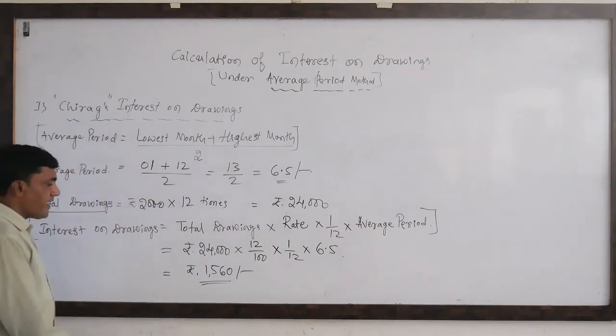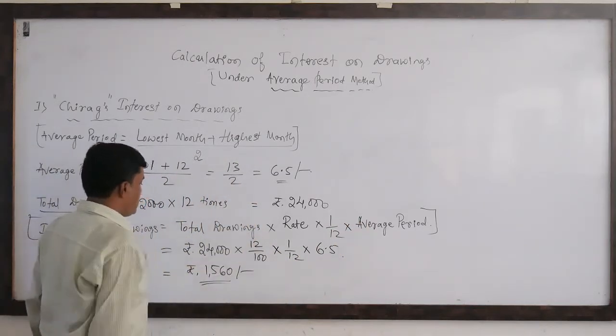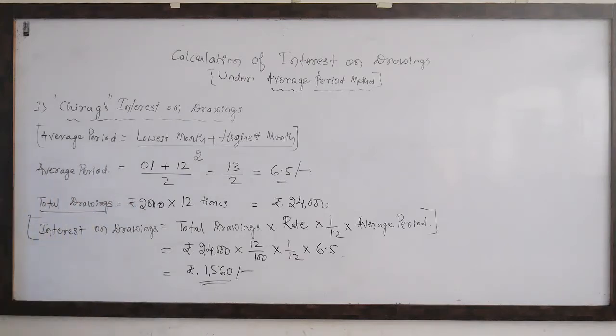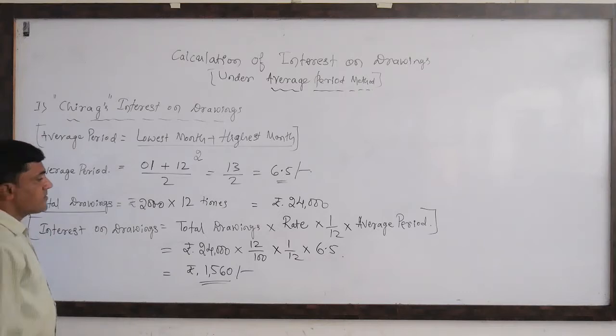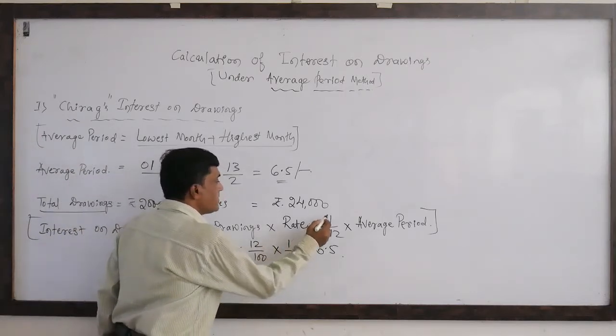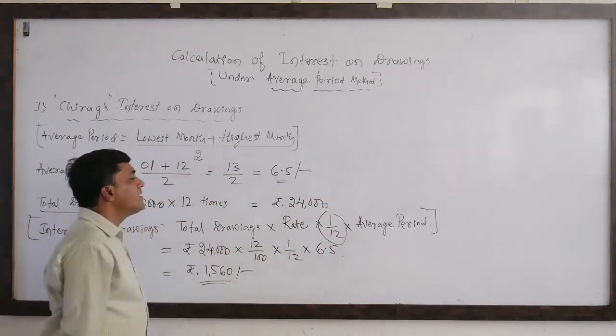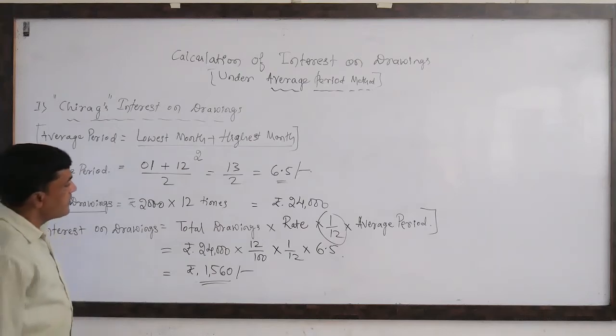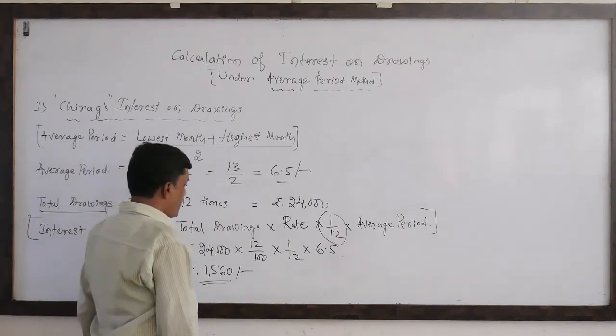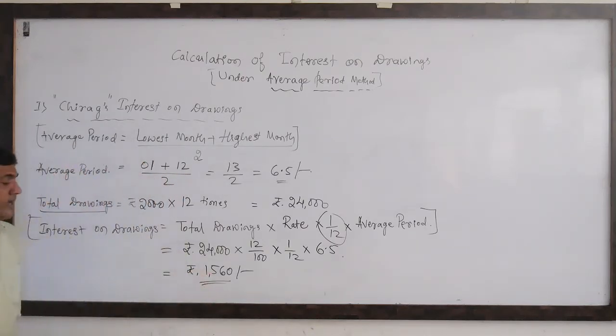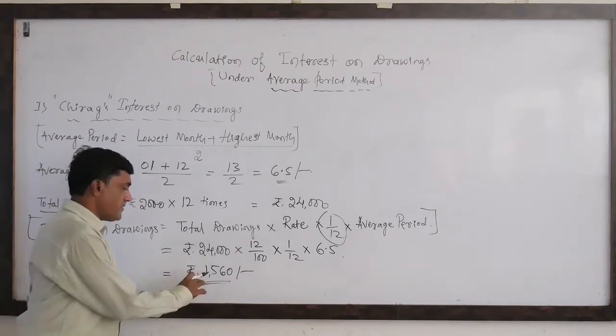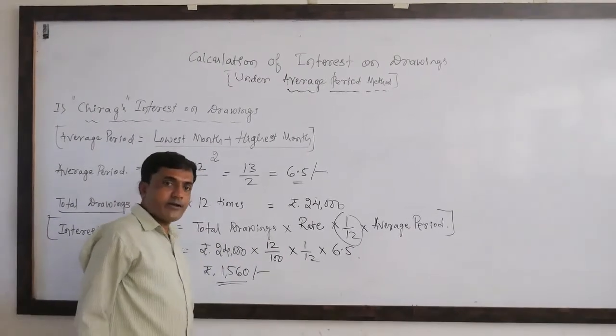Then only you can get rupees 1,560, the interest on drawings under average period method of Mr. Chirag. Sorry, extremely sorry for this. Then only I could ascertain this interest on drawings of rupees 1,560.